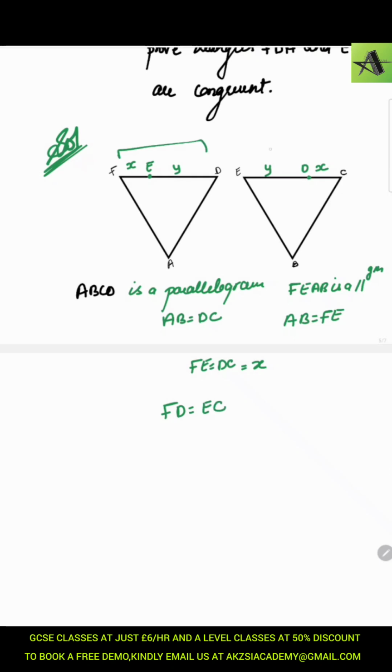This corresponding side is now equal to this corresponding side. In your main exam, you can write that FD equals FE plus ED, and EC equals DC plus ED. Since FE and DC are equal to each other, I can conclude FD equals EC. At least we got one corresponding side as equal.